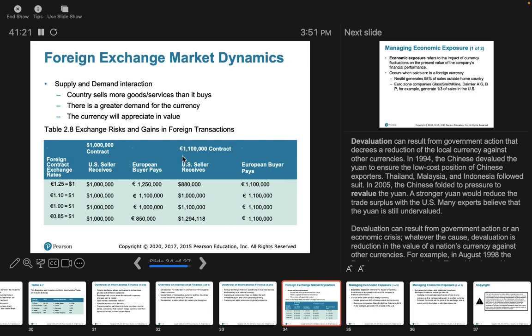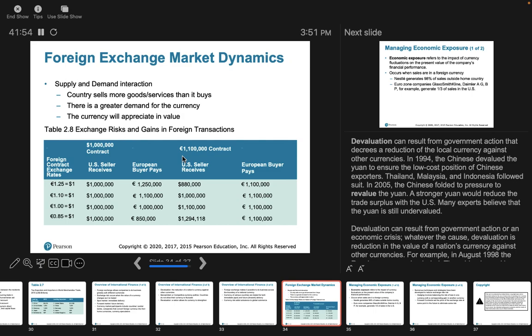The dynamics has to do with supply and demand interaction, which entails, for example, when the country sells more goods and services than it buys, okay, there are some countries that actually have that. Then there is a greater demand for the currency, and the currency will appreciate in value, because the more a country exports, meaning it's selling, the better and richer the economy of the country becomes.